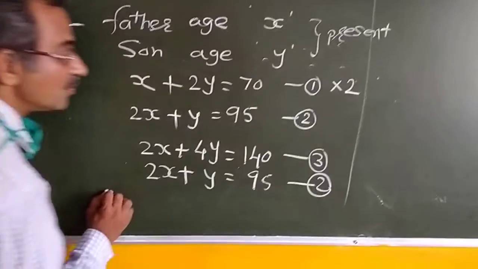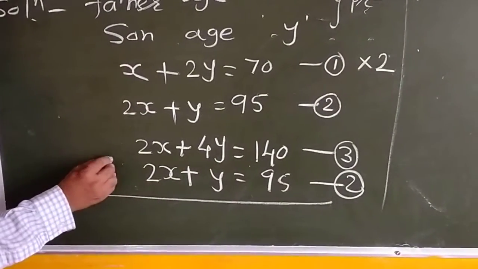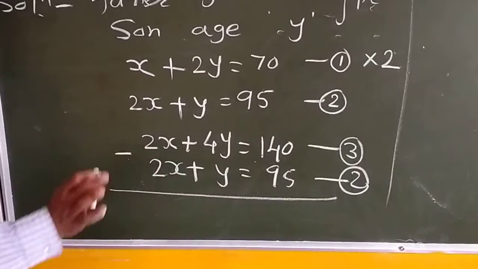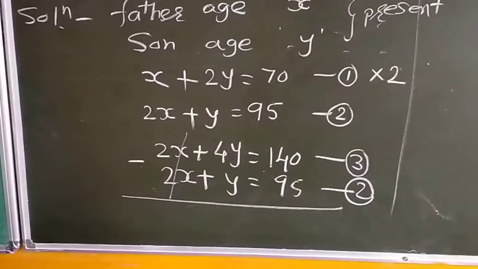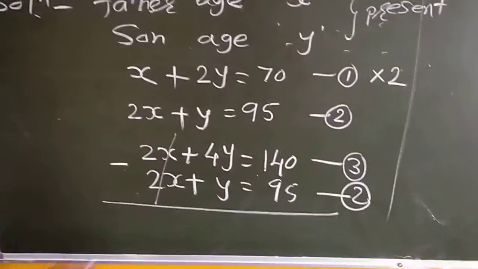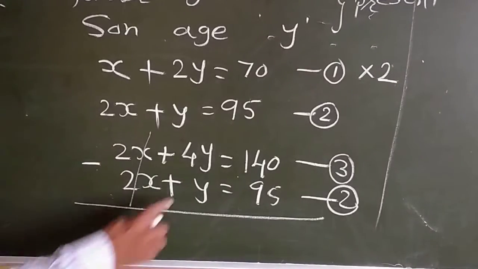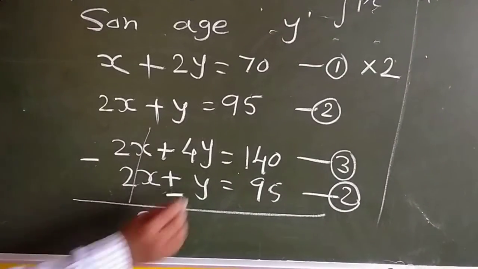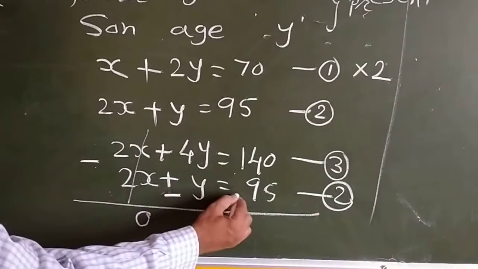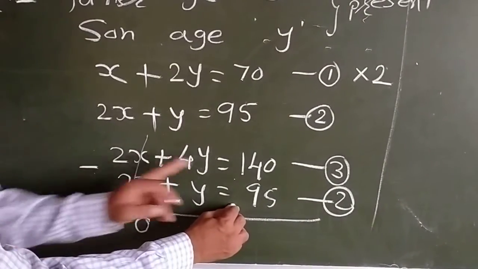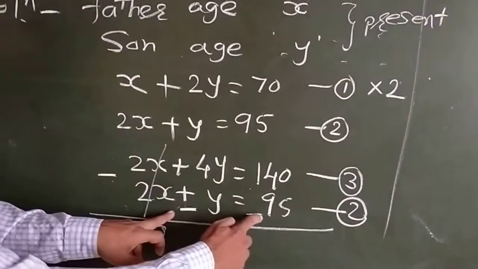Then for eliminating the x term, we subtract, so 2x minus 2x is 0. When we take a subtraction, the sign gets changed: minus, plus. Here there is no sign, so it is considered a plus, and minus into plus is a minus.